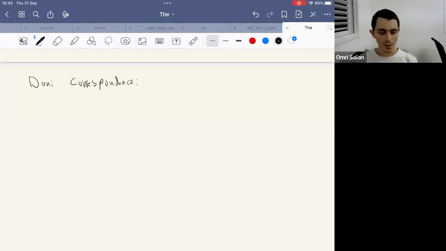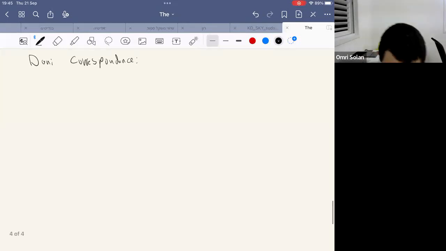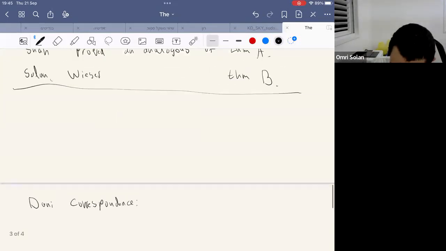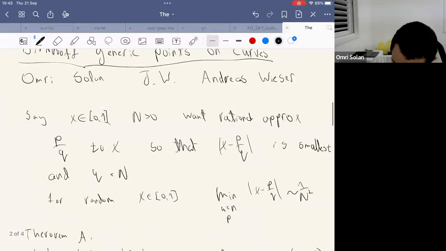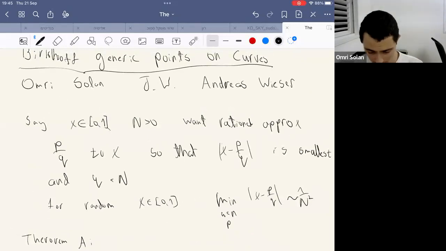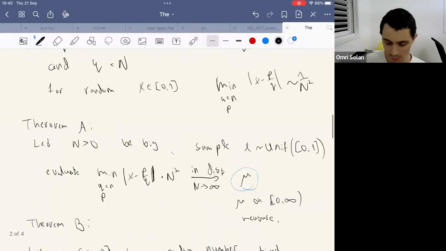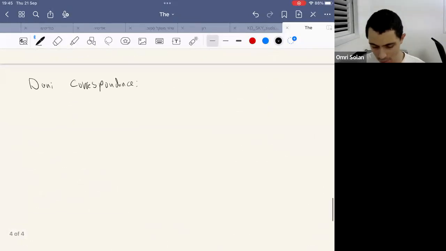Any correspondence will take a standard Diophantine approximation problem and transform it into a question in lattices, which I like better.